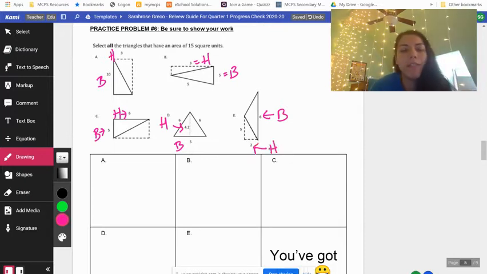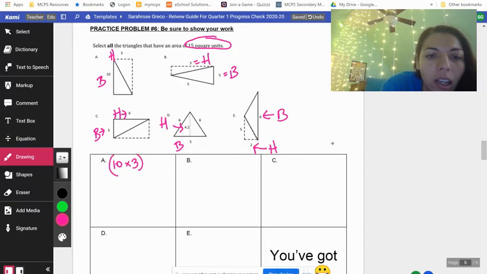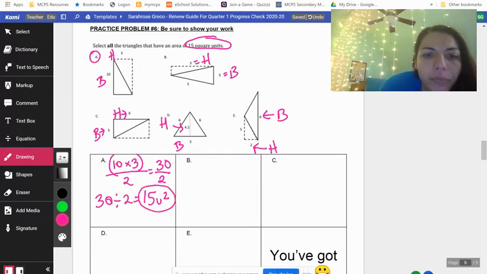So now that I have all of that figured out, I can solve all of these triangles that have an area of 15 square units. So for letter A, base was 10, height was 3. And so 30 divided by 2 equals 15 units squared. So that works. A works. For letter B, base was 5, height was 3.